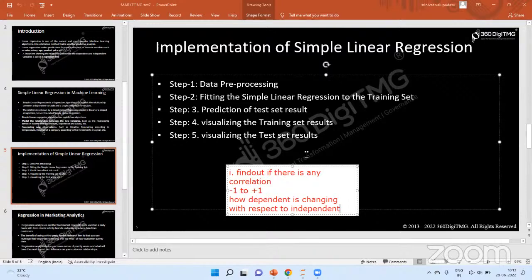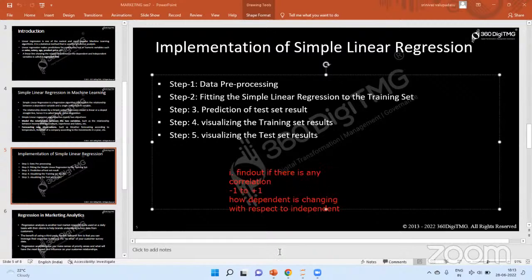First thing is data pre-processing, which I already explained. First we need to analyze the data. In our data, if we have any outliers, we need to remove the outliers or make outliers non-outliers. Some methods are there.